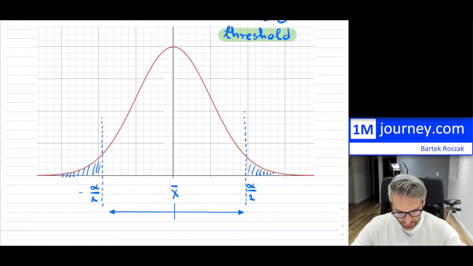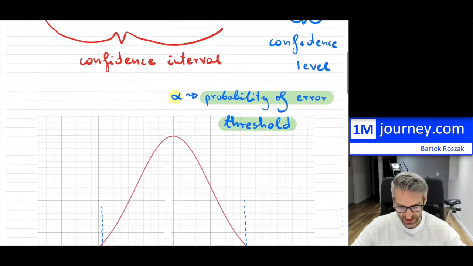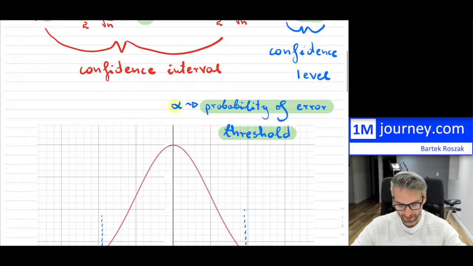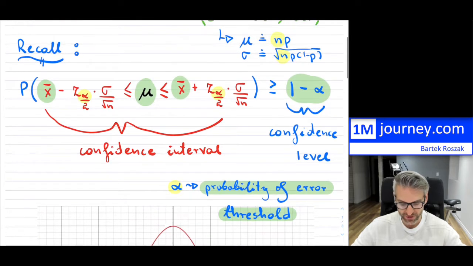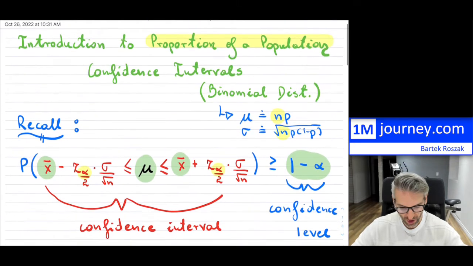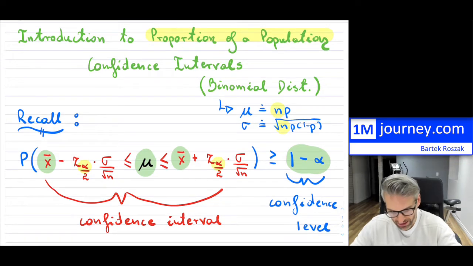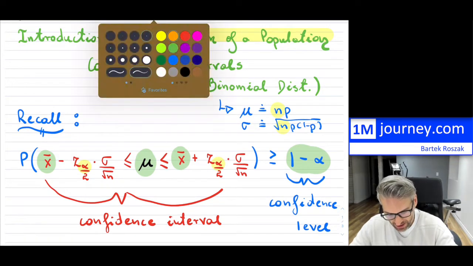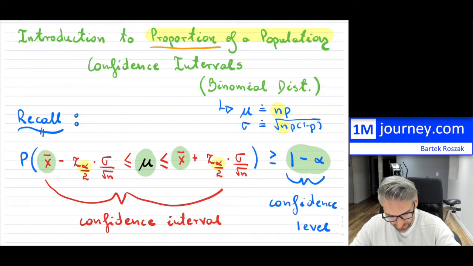So now, could we possibly extend this to the idea where we're not just directly working with a normal distribution and we have some kind of a sample, but could we extend it with regards to the binomial distribution, and in particular, could we extend it to this proportion?